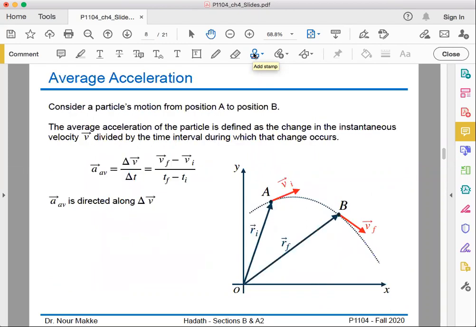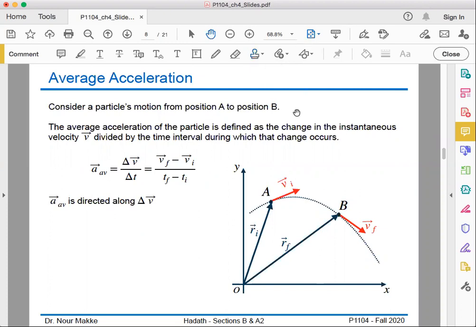Let's move on with the acceleration. Again, we consider a particle moving in the XY plane from a given initial position A to a given final position B. The average acceleration defines the change in the instantaneous velocity in a given time interval.